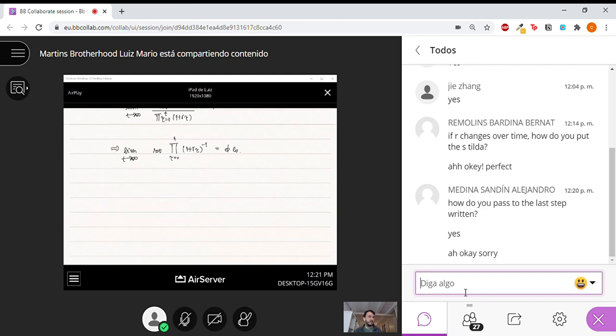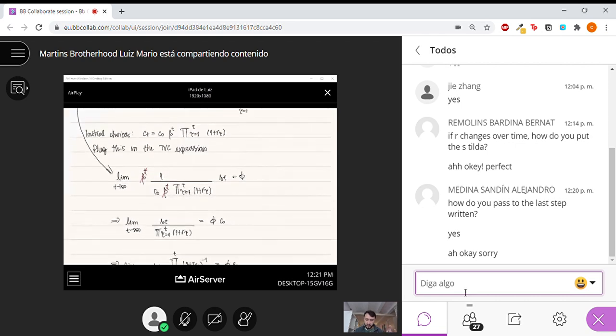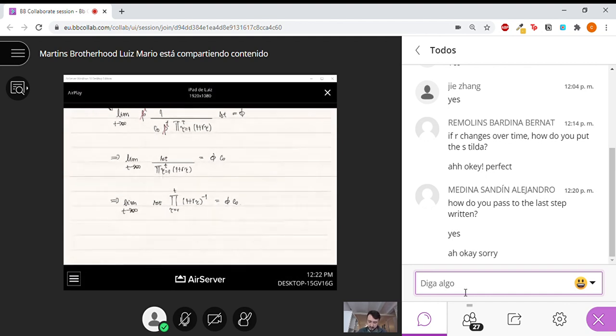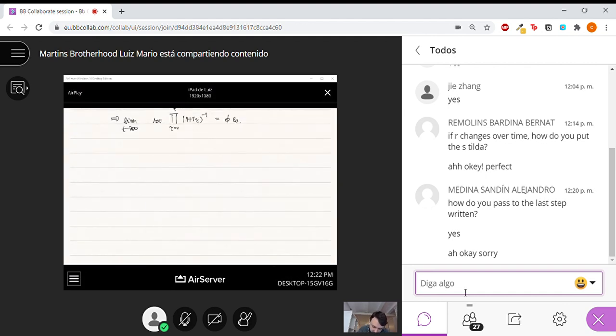And the question asks us by how much we can increase C tilde, right? How great can epsilon be, and we still satisfy the no Ponzi condition, okay? So let's see, how large can epsilon be and still satisfy the no Ponzi condition.